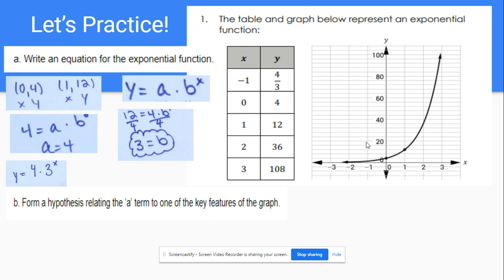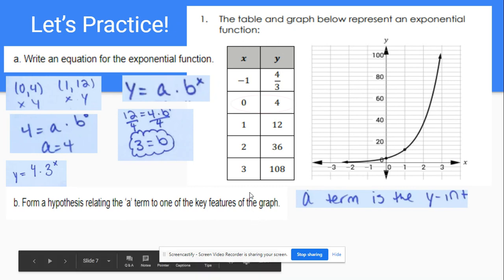If I go over to my graph, that ordered pair is right here. And this point happens to fall on the y-axis. So that makes this my y-intercept. So your a term is the point where your graph crosses the y-axis.